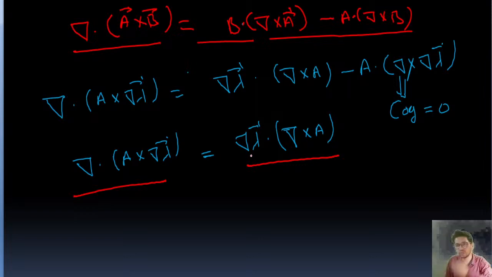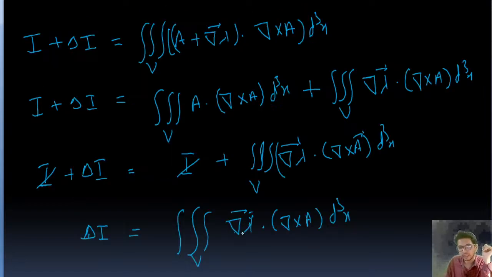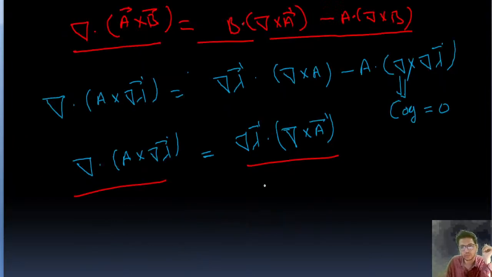So this gradient of lambda dot del cross A is equal to this divergence of A cross gradient of lambda.